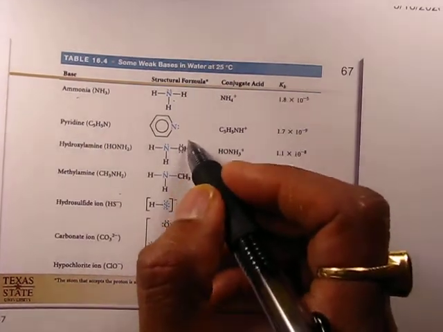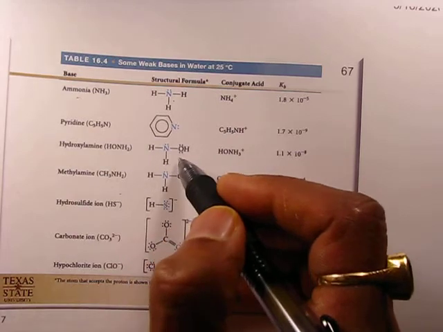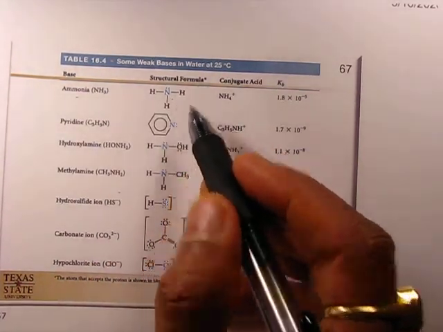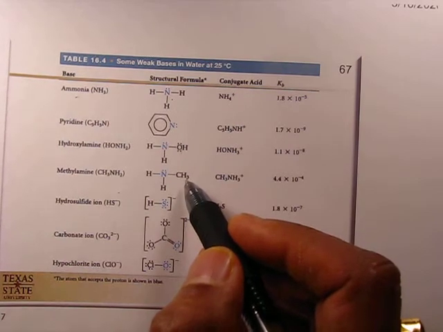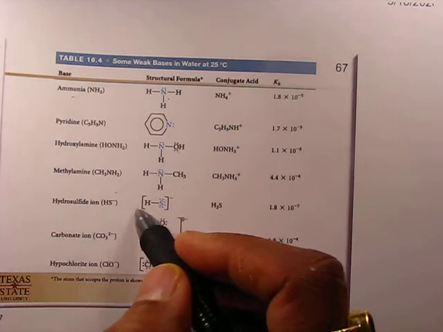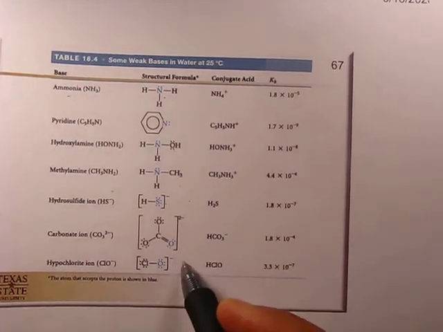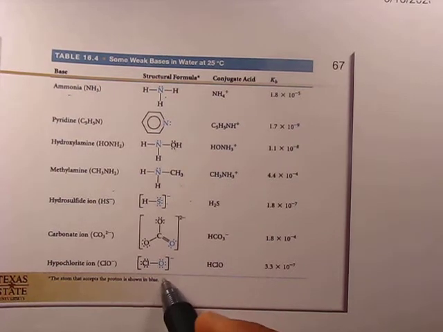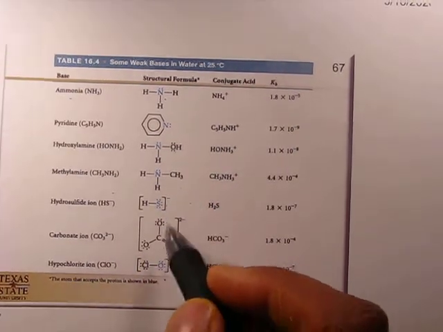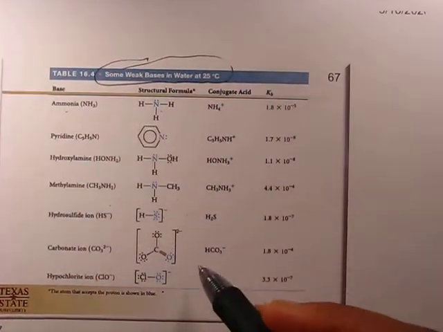In this one, one hydrogen of ammonia is replaced with a hydroxyl group, and this is called hydroxylamine. If you replace one hydrogen of ammonia with a methyl group, it is called methylamine. And hydrosulfide ion, carbonate ion, and hypochlorite ion. So these all behave as weak bases in water at 25 degrees Celsius.